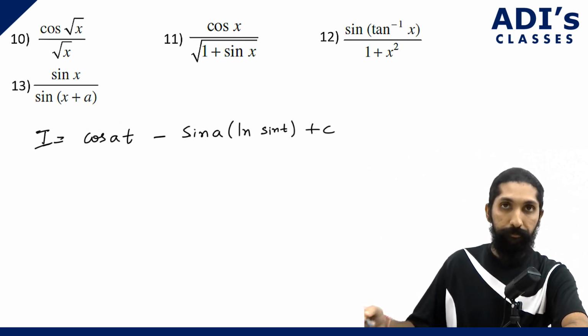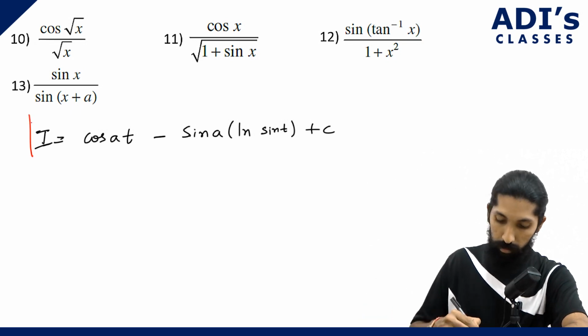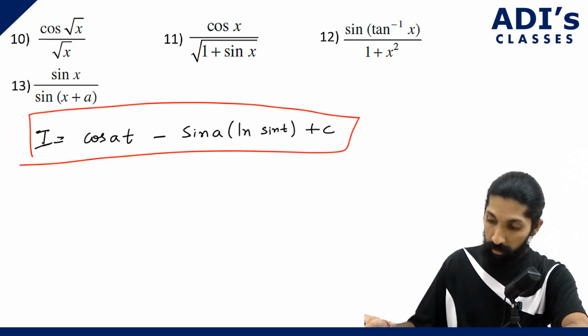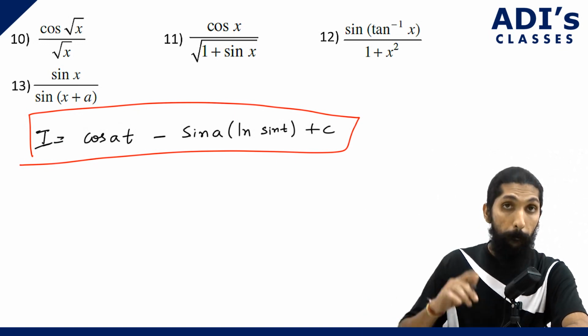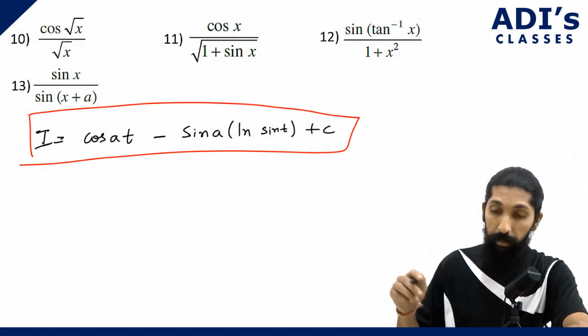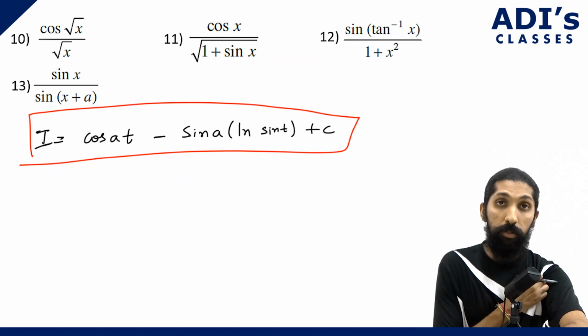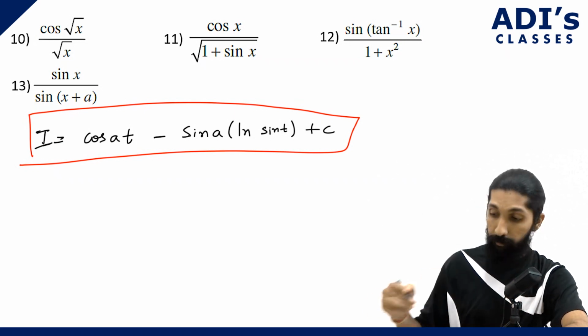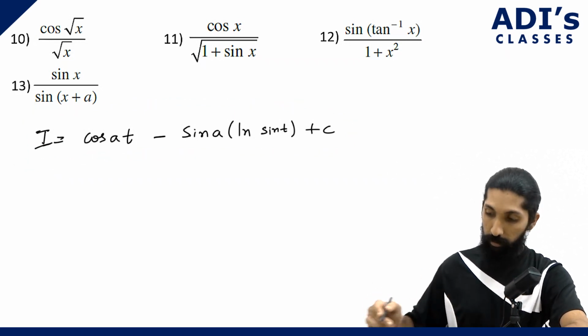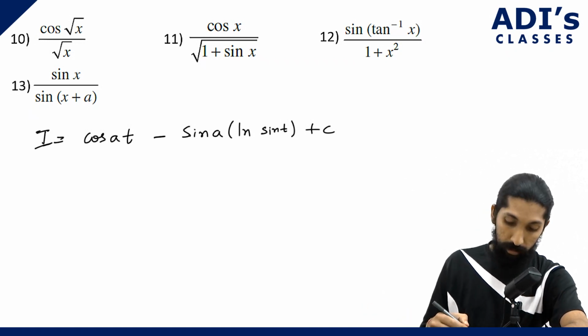Correct? So what you're seeing is the final answer for this one. You can keep it like this, but generally we don't, because we have to substitute t back into x. So what is t? t is x plus a.